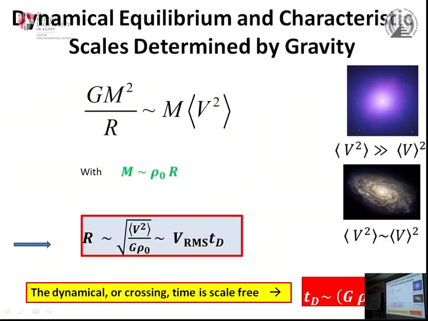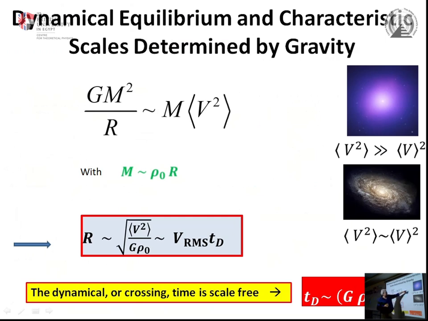What does gravity do? Gravity, if left on its own, makes things cluster, because it's only attractive. If nothing prevents it, it makes things collapse. Now, why doesn't it make things collapse on their own? This is a gravitational system in a sort of equilibrium.